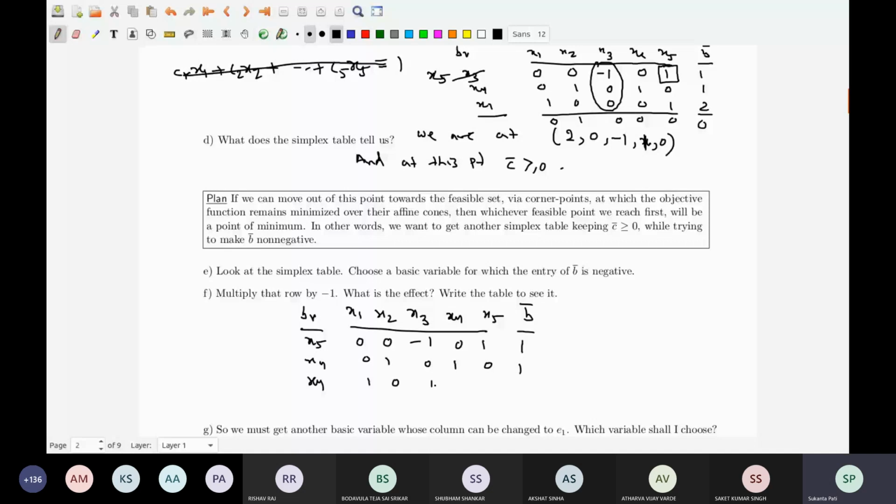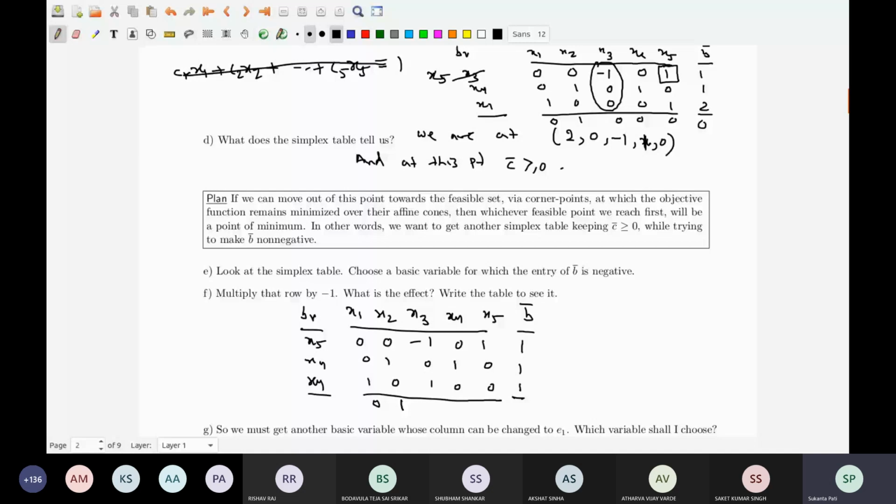And then what do I do? Now I have to make the entry of C bar below the pivotal row 0, which is already there. So that basically means I have 0, 1, 0, 0, 0, 0. Now this is my next simplex table.